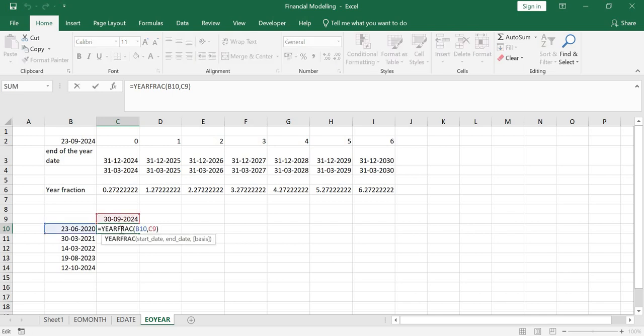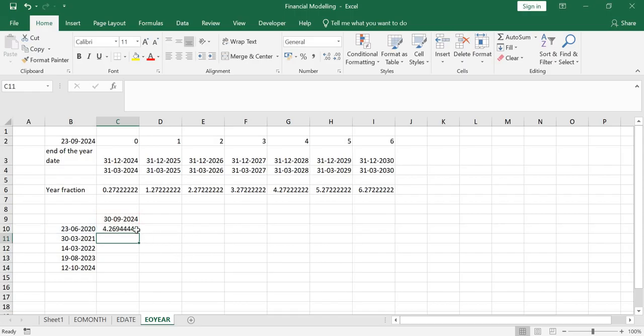Now in this, you can see I have not fixed the date. The reason is my dates are variable. So in that case, I can't fix. But over here, I have to fix the date because I want the difference between 23rd September till 31st December 24, 31st December 25, and so on. So what I am going to do, I am going to drag it, and your answer is this.